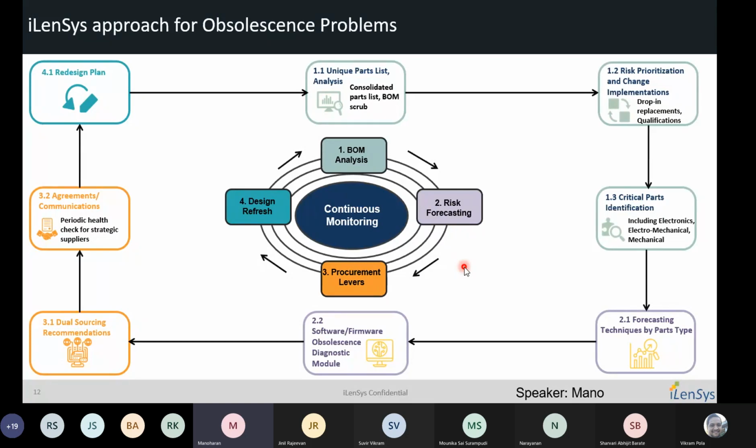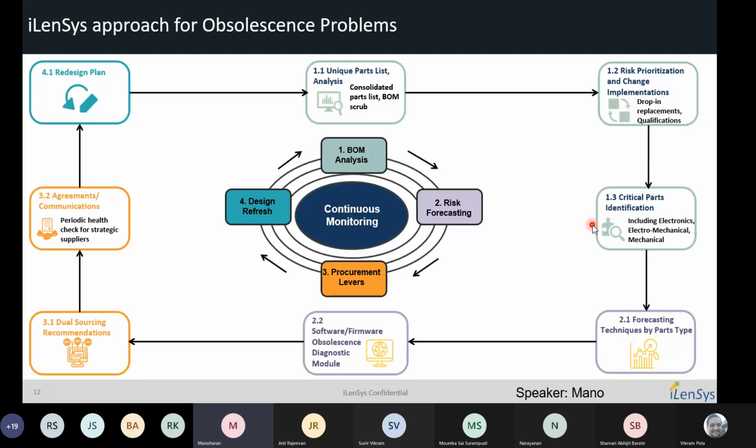The way we classify critical parts is primarily based on how much qualification lead time it would take in case that part gets into a challenge or risk. If it takes less time to qualify the alternate and get up and running, the criticality is relatively low. Whereas if it is going to take longer, then it is a critical part.